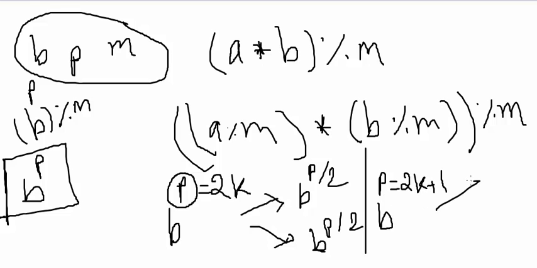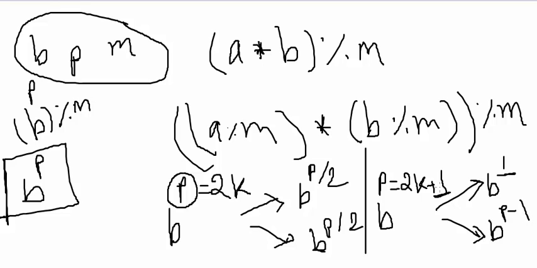Well, in one part there will be B to the power 1, and another part is B to the power 2k, where 2k is actually P minus 1.